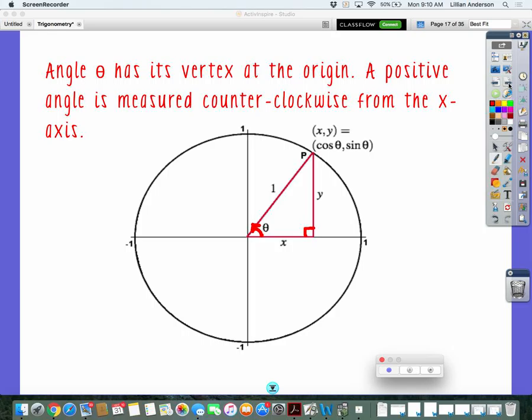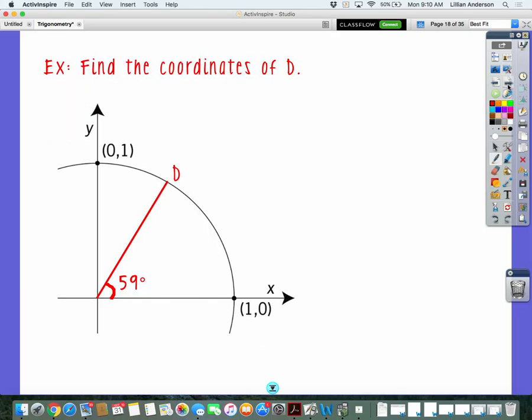So we're going to look at an example. We're going to find the coordinates of D. This is a portion of the unit circle. Let's not draw the whole thing, just that little bit. All right. That 59 degrees is, of course, starting from the positive x-axis, heading in a counterclockwise direction. That's where the 59 degrees comes from.